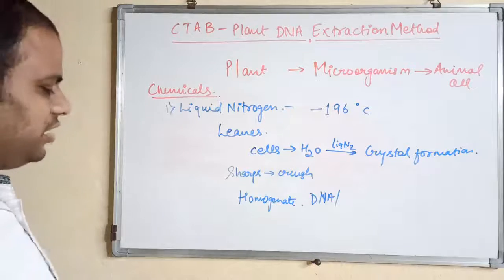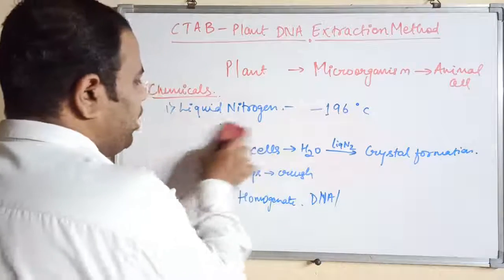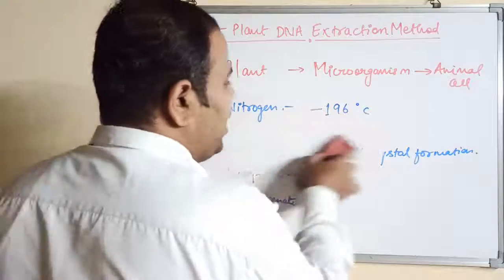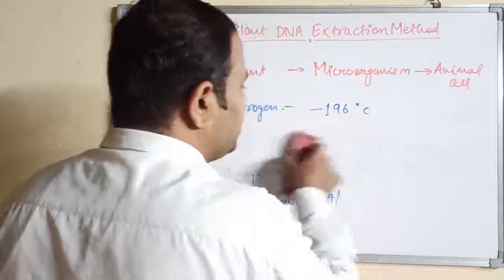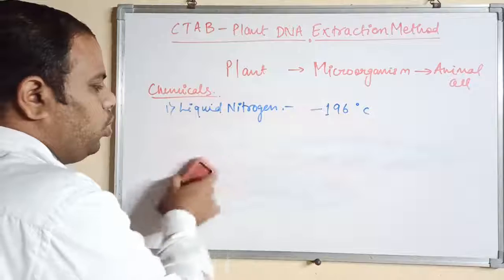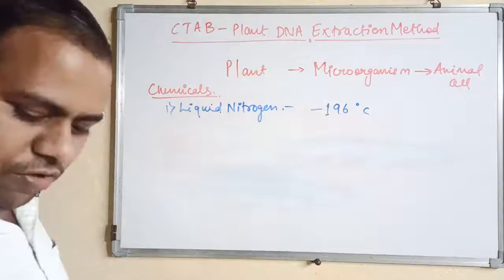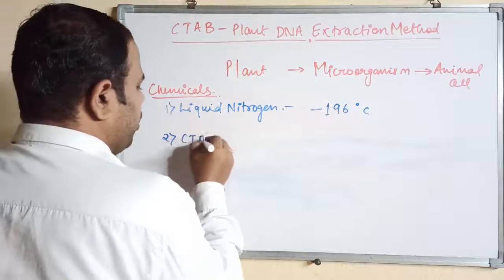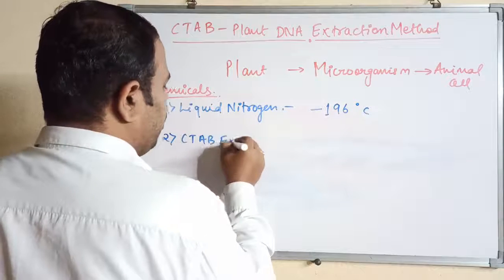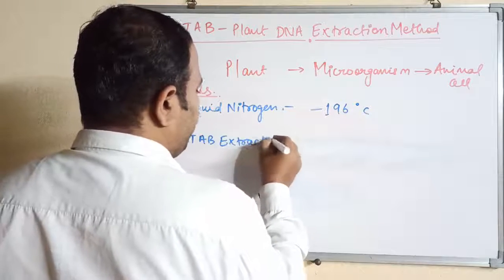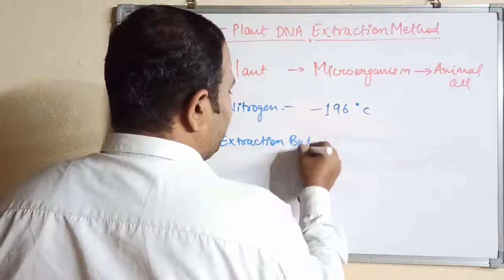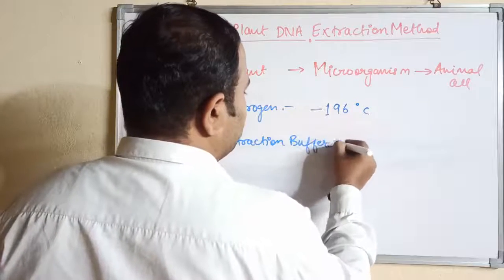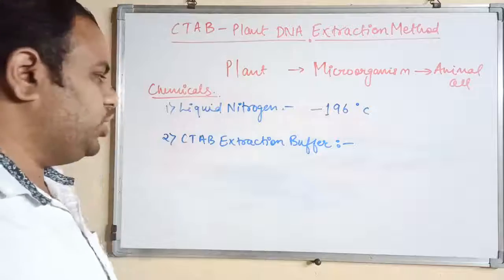Now let's see the next chemical, which is the most important chemical in DNA isolation, the extraction buffer through which the DNA is extracted. The next chemical is the extraction buffer, which is also called the CTAB extraction buffer. This is the most important chemical in this isolation procedure which you have to make.